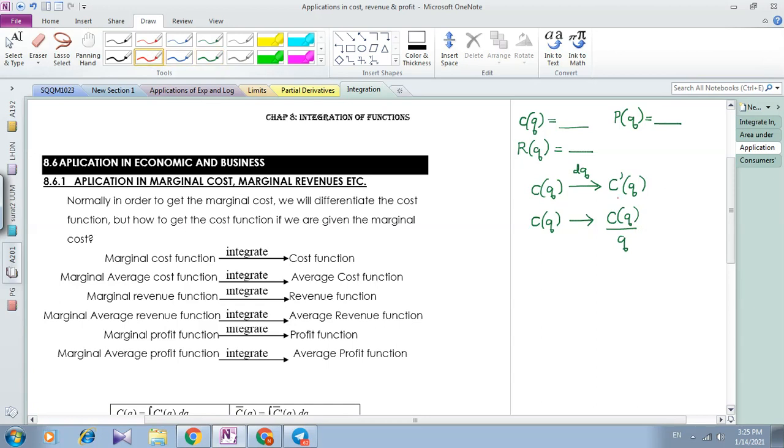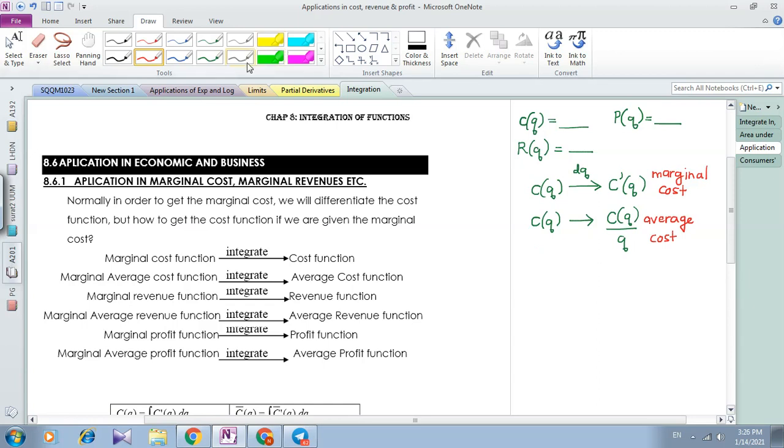This is marginal cost, and this one is average cost. It's quite straightforward. Since we divide with Q, then it's average. Whenever we have prime, it's marginal.